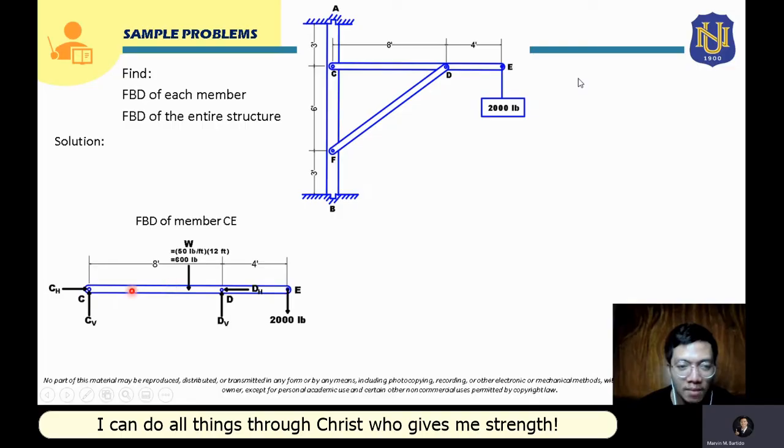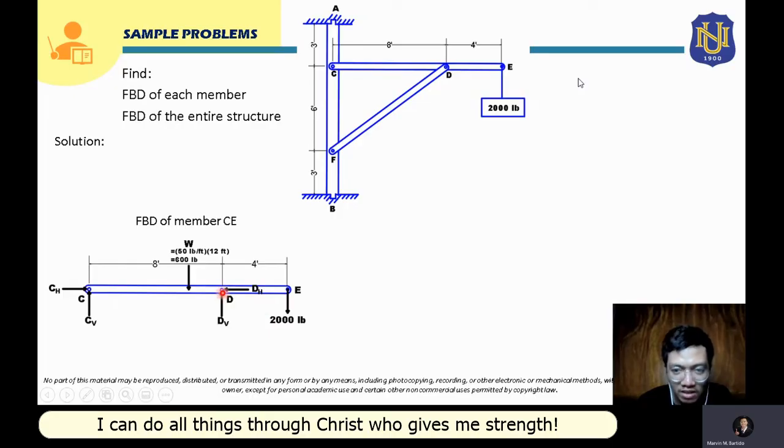If this member is pulled by this 200-pound force this way, the tendency is that this member CE will be moved downward. It will be pulled down, so the tendency is that this member CE will move this way.